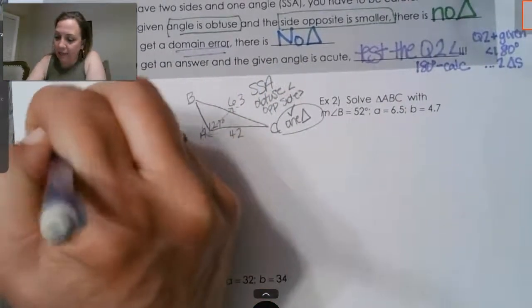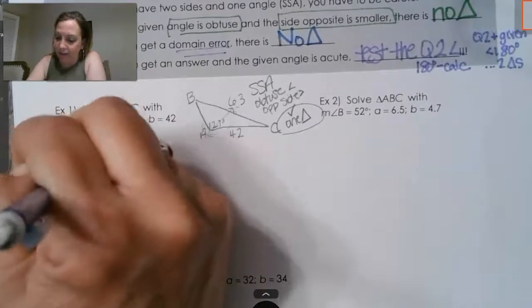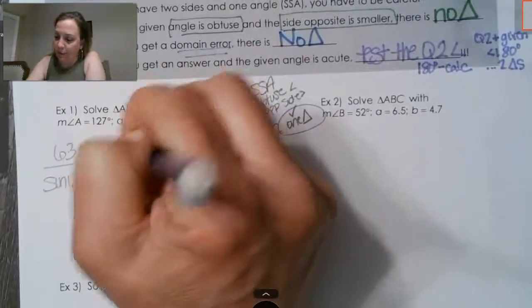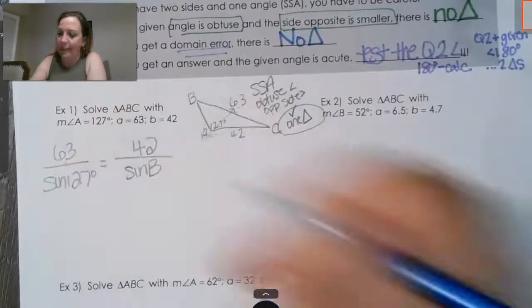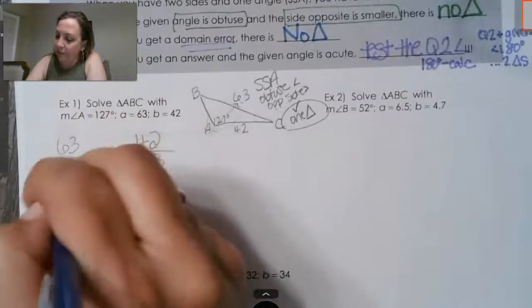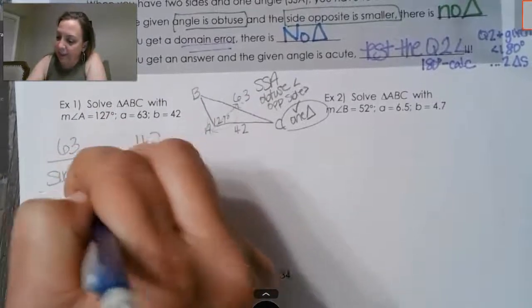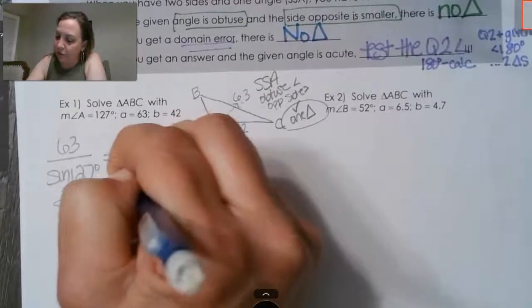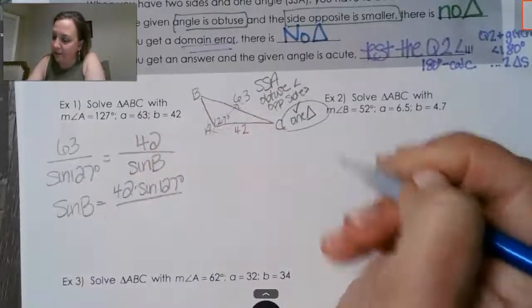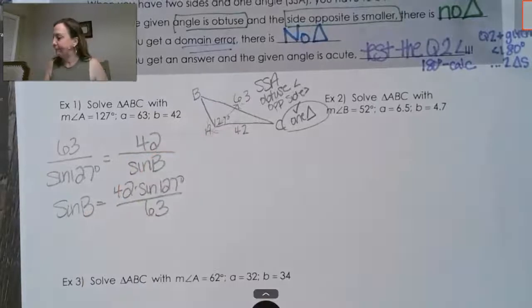Then we'll set it up: 63 over the sine of 127 degrees equals 42 over the sine of B. We'll do our cross multiplying. The sine of B should be 42 times the sine of 127 degrees over 63.